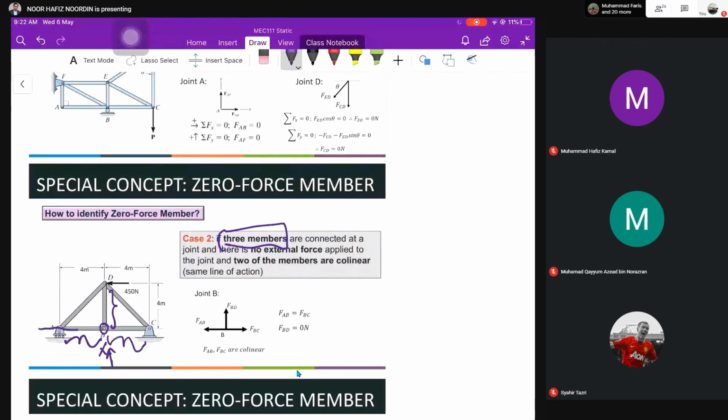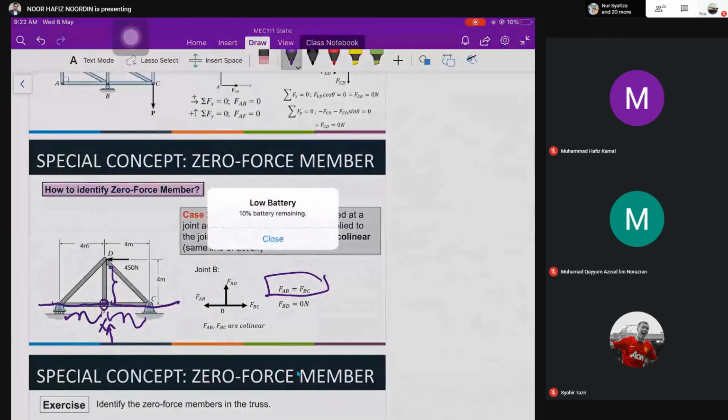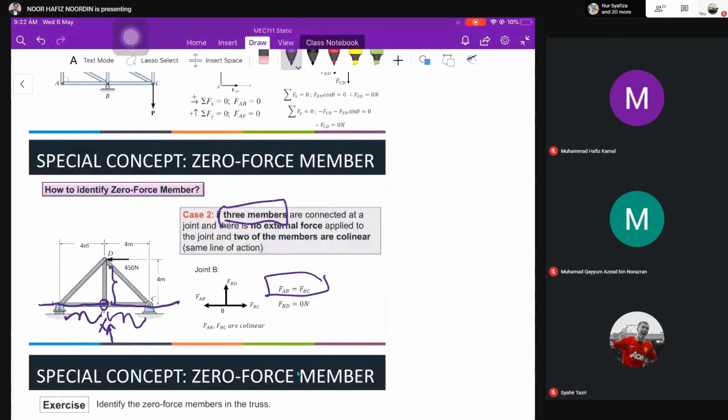Ni AB dan juga BC, satu line yang sama. Okay, so apa yang akan berlaku? FAB equal to FBC. Maksudnya force tak equal to 0, tapi value dia adalah sama. But for FBD yang bukan collinear tadi tu, value dia akan jadi kosong. Maksudnya kita tak berkira lah. Terus letak kosong sebagai value dia. Sama juga yang tadi tu.